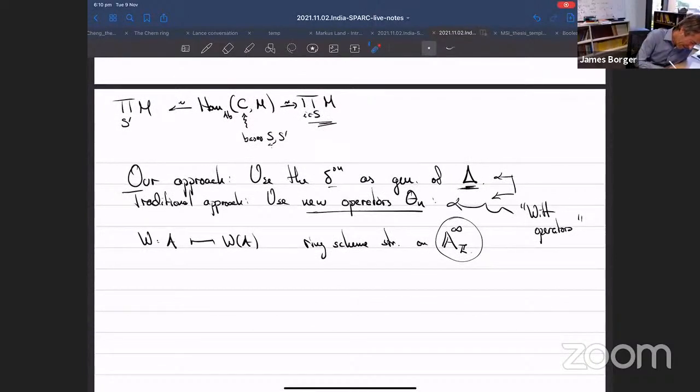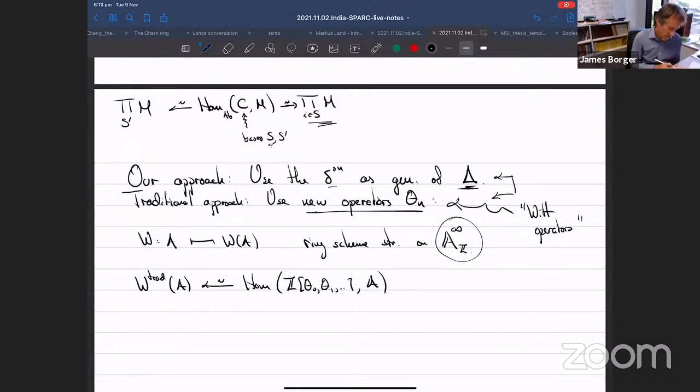So there's sort of W trad, the traditional one, which is naturally the same as Homs from polynomials in one generating set.